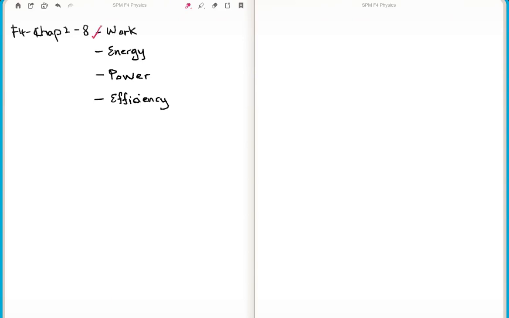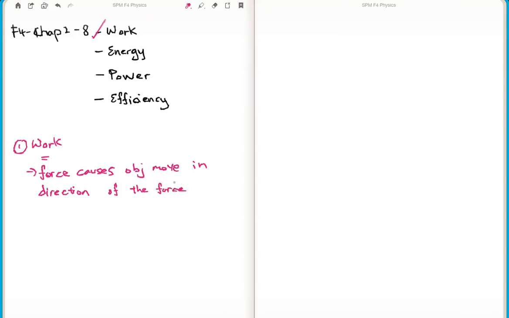Work done. So the first part is work done, or work. What does it mean? Work is actually a force that causes an object to move in the direction of the force.